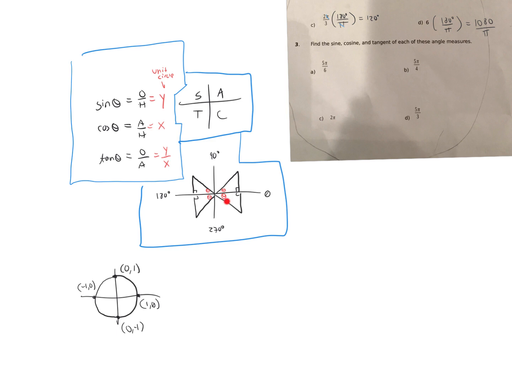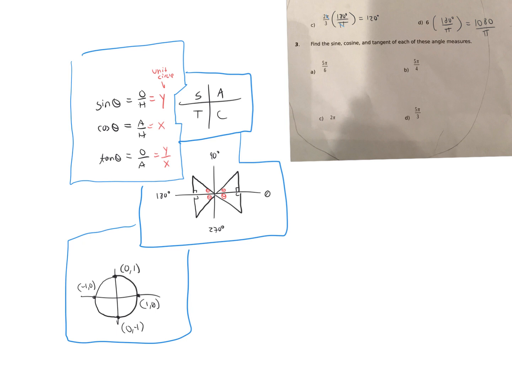And then finally, you need to have an understanding of a unit circle and what the coordinates of the cardinal points are in the unit circle. Okay. Now I know that that's kind of a lot of information, but with practice, you're going to internalize all this.